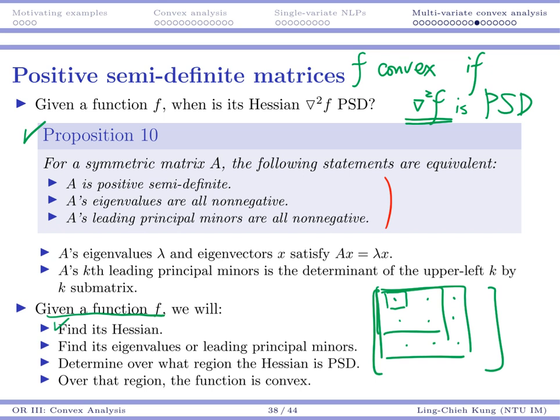And then either find all its eigenvalues or find all the leading principal minors. And then determine whether the Hessian is positive semi-definite, or find a region over which the Hessian is positive semi-definite. And then we may say, okay, over that region, our function is convex, and then we may see how that helps to solve some problems.